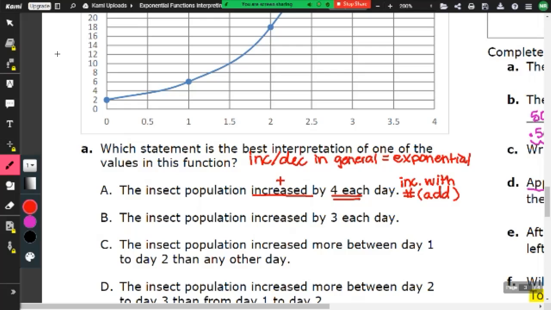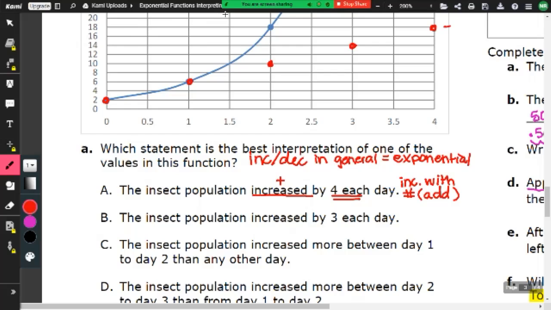We start with 2, and I better see these lines. We start with 2, and 2 plus 4 gives us what? 6. So the first 2 points line up. So far so good. 6 plus 4 is 10. 10 plus 4 gives us 14. And then 14 plus 4.